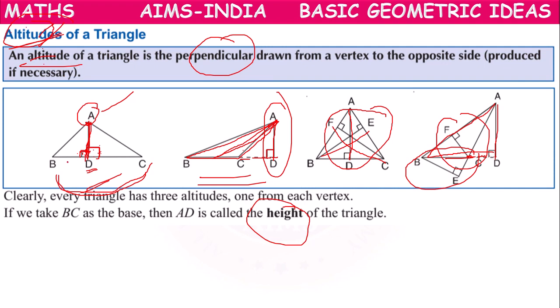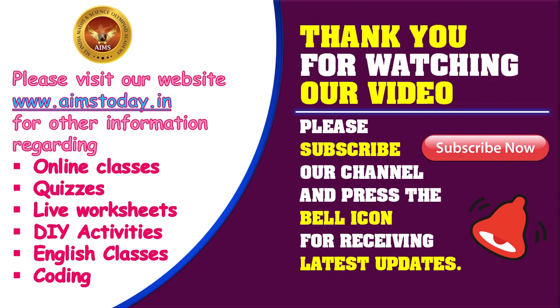So if BC is the base, then AD will be the height. If AC is the base, then BE will be the height. If AB is the base, then CF will be the height. Based upon the base, the height will change. So three altitudes for a triangle also we can draw.